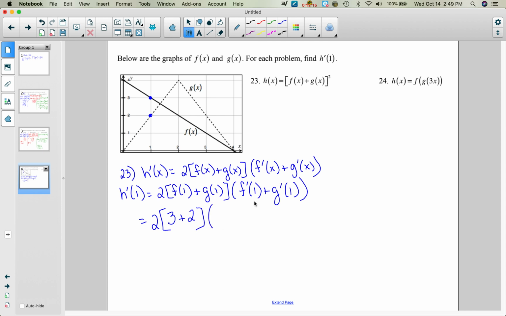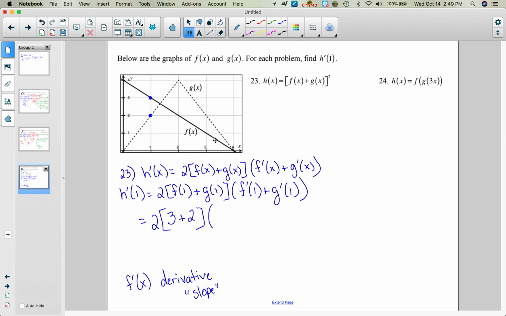And now I need f prime of 1. Well, I don't have that. So remember what f prime of x represents? We think of the derivative. And what do we think about when we think of derivative? Hopefully you're thinking this right now, it starts with an S, slope. So this is linear.